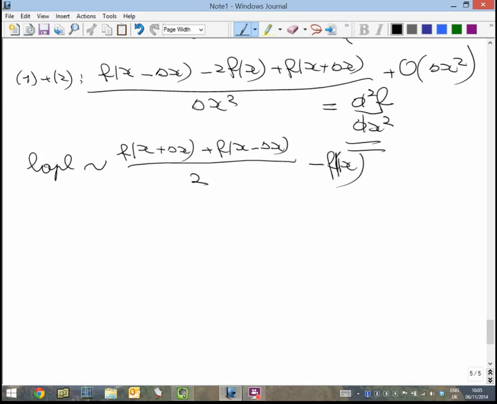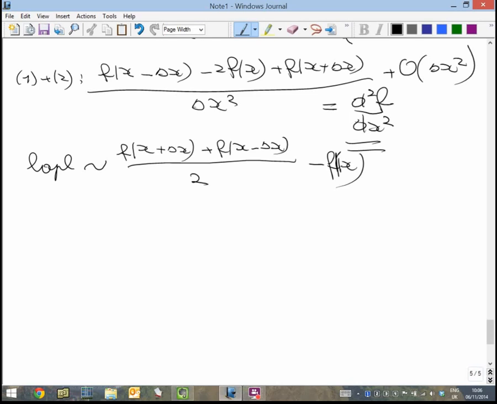Second term is, of course, the function itself. And what's the first term? How would you describe the first term? Any suggestions? So from the point of view of f of x, what is f of x plus delta and f of x minus delta over 2?